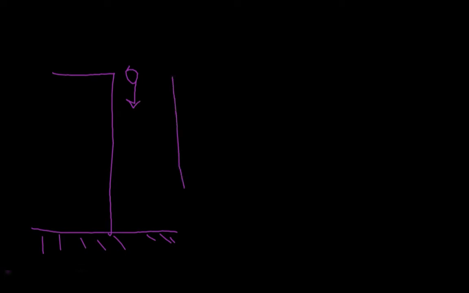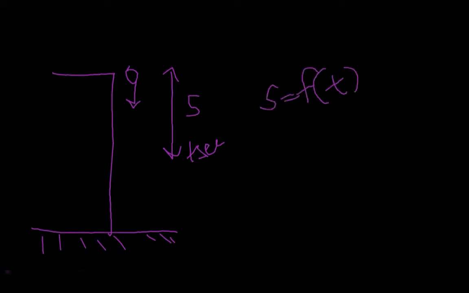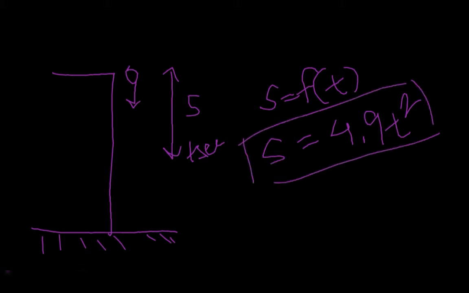If it covers some distance s in t seconds, then by physics the formula is that s is a function of t, and it is 4.9 t squared. No need to remember this, it is just an example I'm showing.